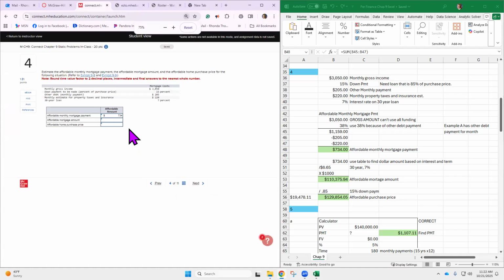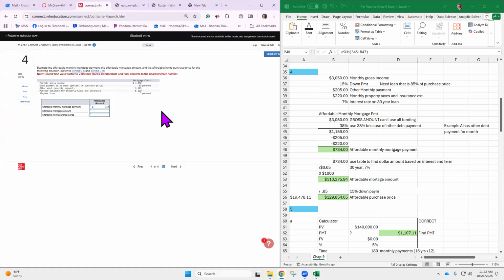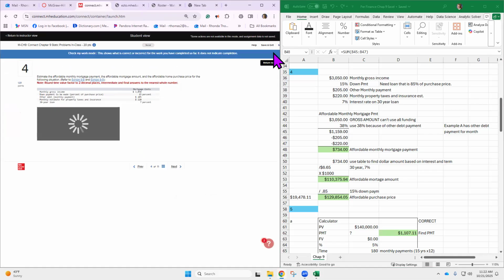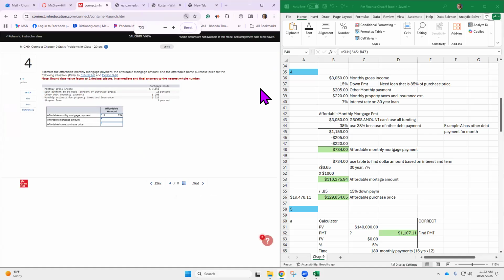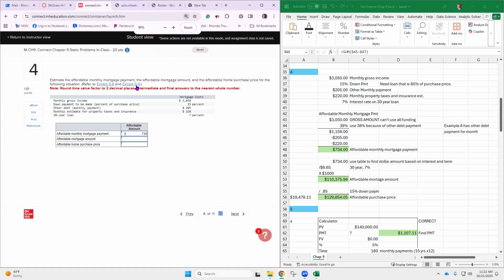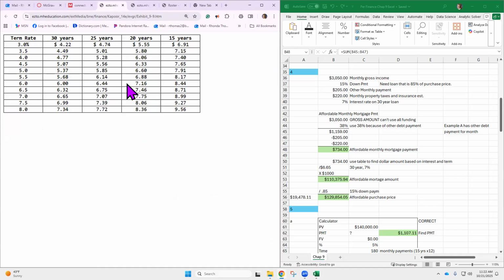So we're going to take that now and use the other table. Okay, I'm going to check my work to make sure it's all still good. Now we're going to use that other table, this exhibit 9-9. We have to remember the length of our mortgage. It's a 30-year at 7%. So this is kind of like using that time value of money table.